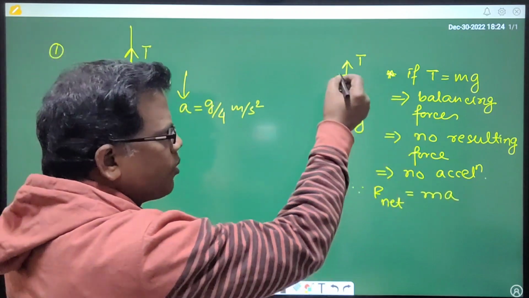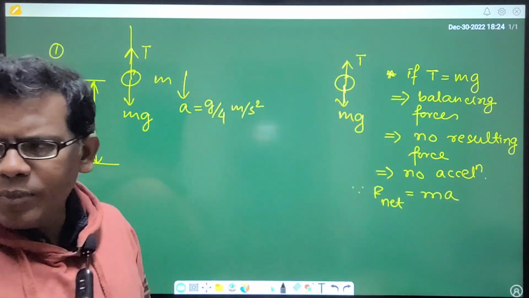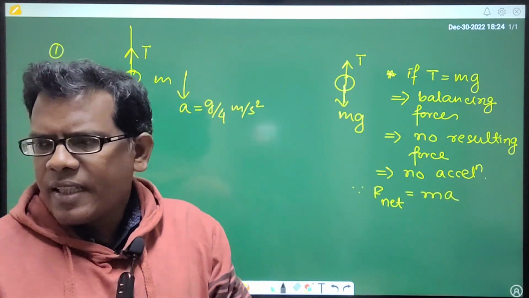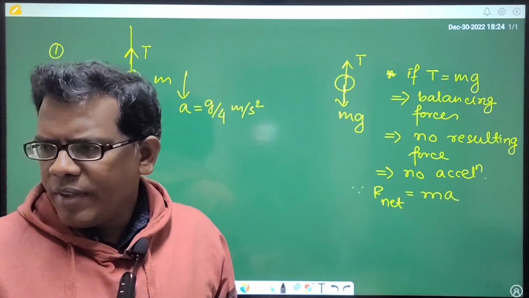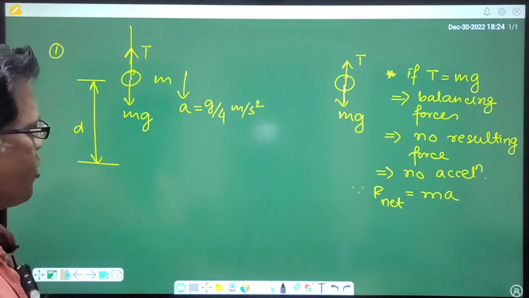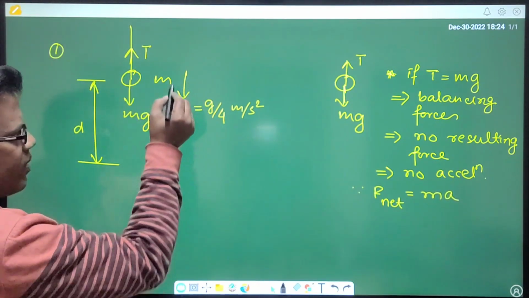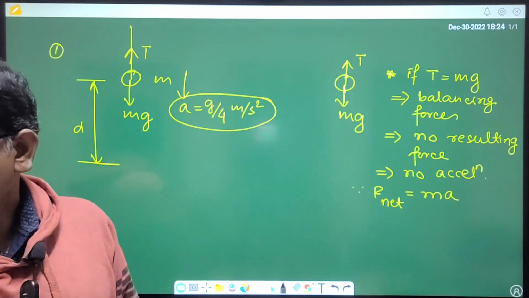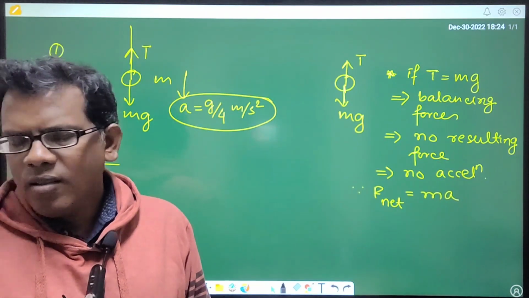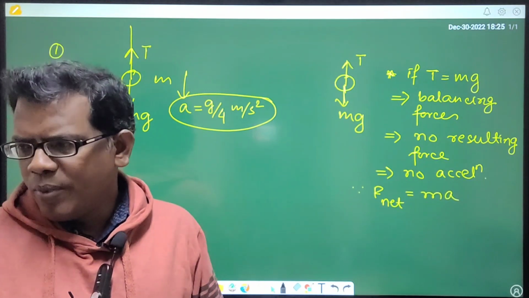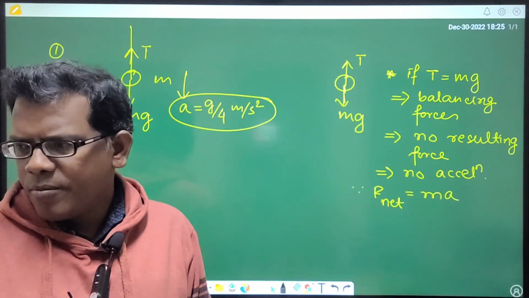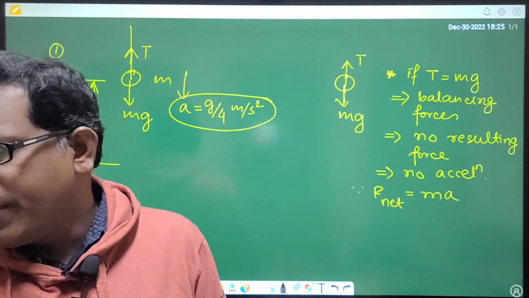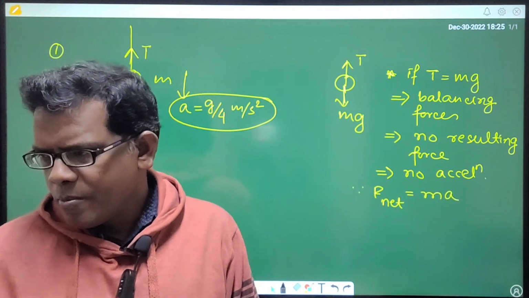Had T been equal to mg, T would balance the weight of the body, and the mass should not have any accelerated motion, but the question says that this mass is descending downward with this acceleration. Hence the values are not equal. That means T cannot be mg here. At least in this case, T cannot be equal to mg. T will be less than mg.